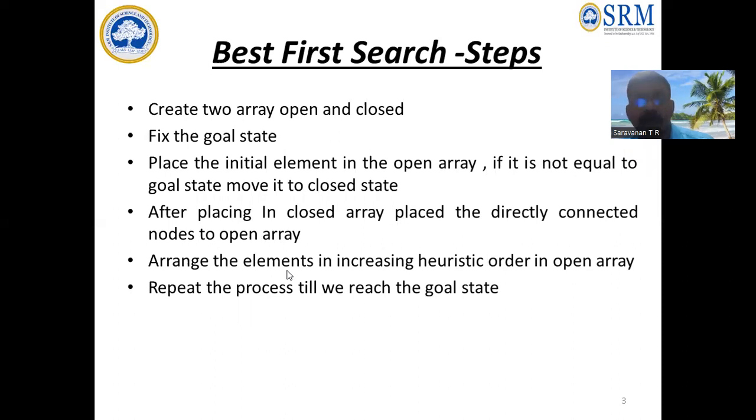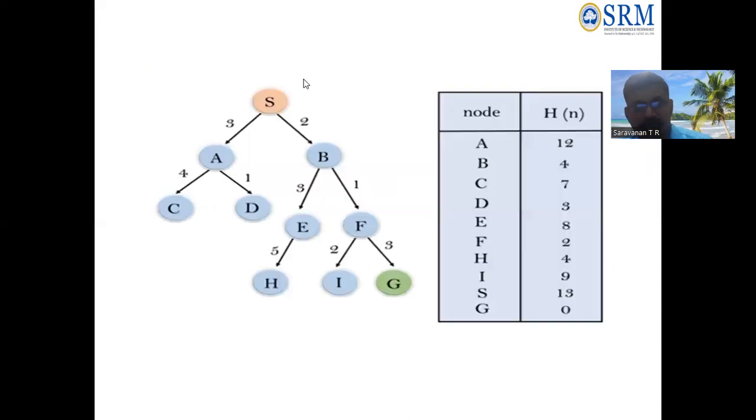If the element is not the goal state, we go for the next level of process based upon the minimal heuristic value generated. Arrange the elements in increasing heuristic order in the open array, and repeat the process till we reach the goal state. This is the example we are going to see.